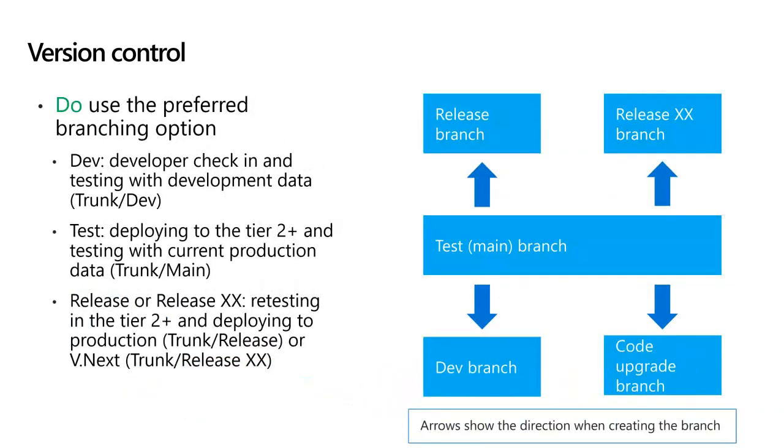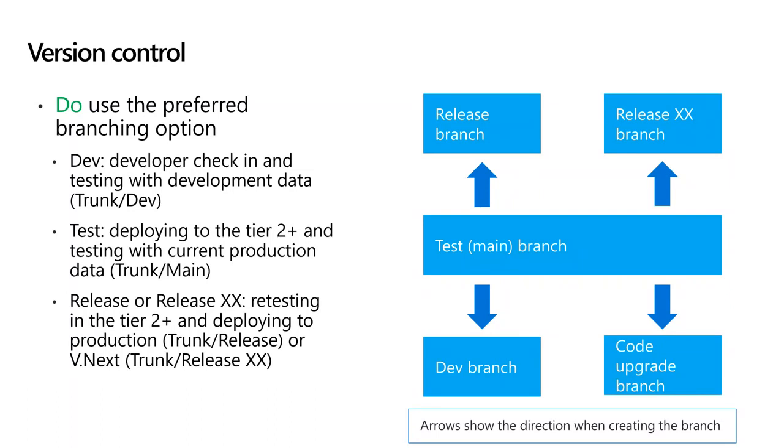The preferred branching option is to have 3 branches: a dev branch for developer check-in and testing with development data, a test branch for deploying to the tier 2 environment and testing with current production data, and a release branch for retesting in the tier 2 plus and deploying to production.